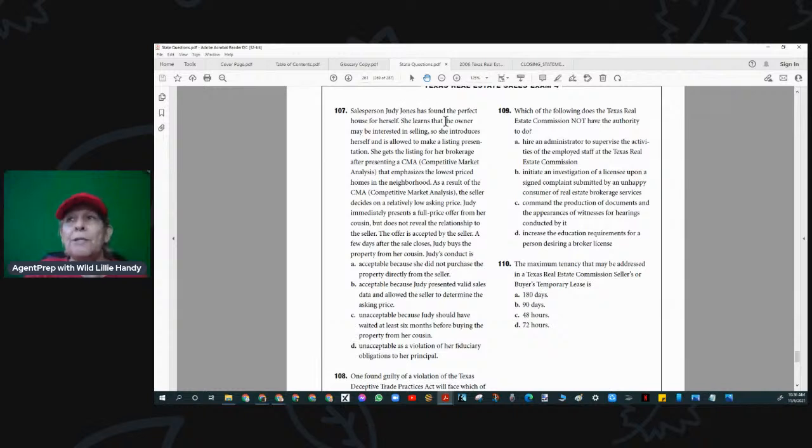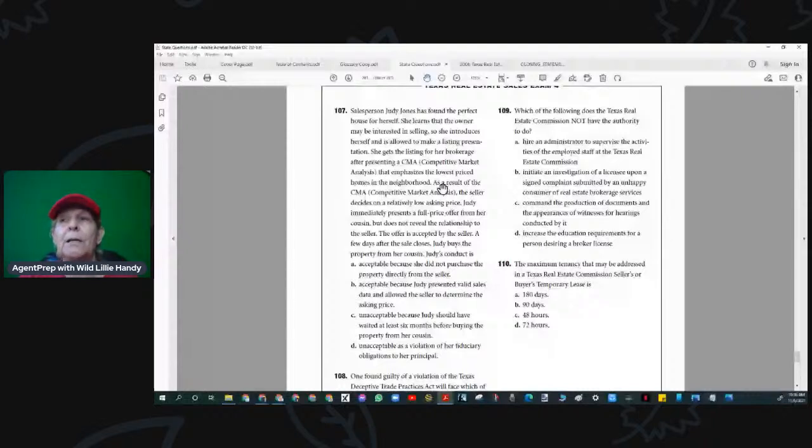Salesperson Judy Jones has found the perfect house for herself. She learns that the owner may be interested in selling, so she introduces herself and is allowed to make a listing presentation. She gets a listing for her brokerage after presenting a CMA, competitive market analysis, that emphasizes the lowest priced homes in the neighborhood. As a result, the seller decides on a relatively low asking price.